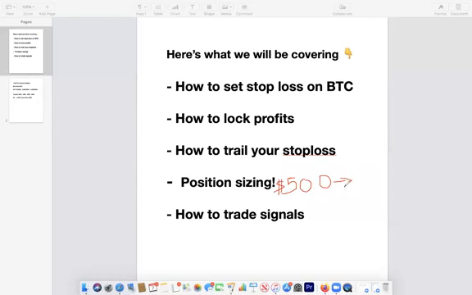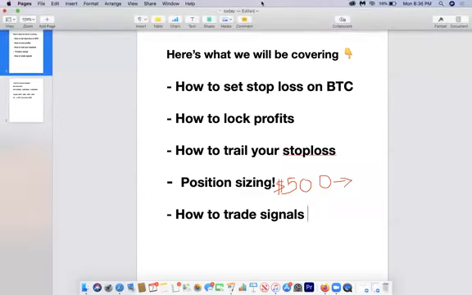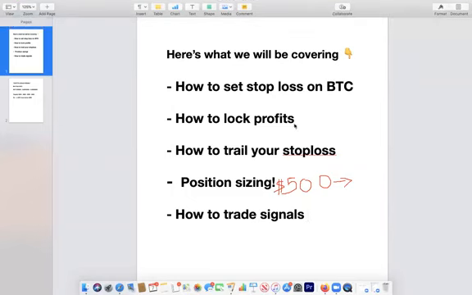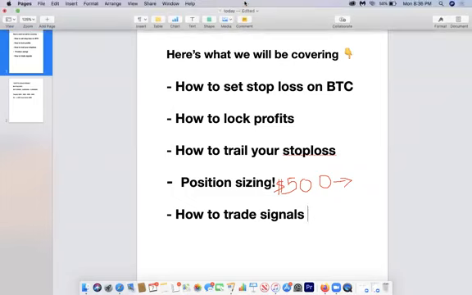When a signal is given, don't you dare buy everything with your entire amount. That's wrong. You have to position size properly, and that's what I'm going to teach you right now. Position sizing.